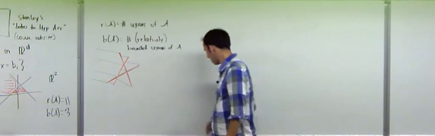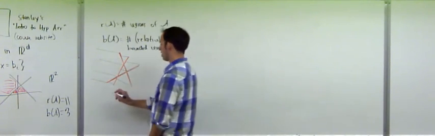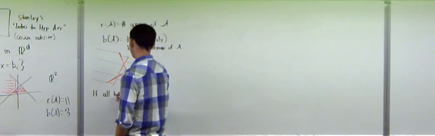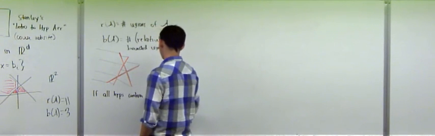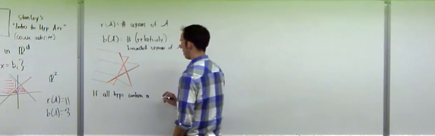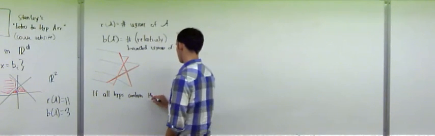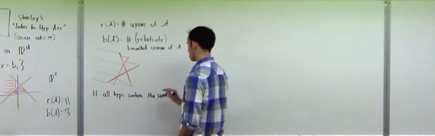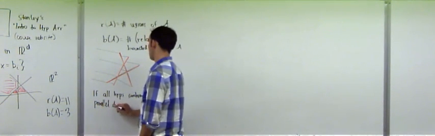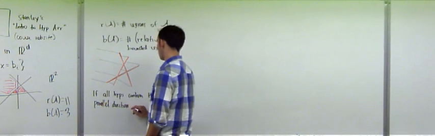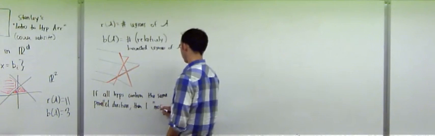And so the point is that if all my hyperplanes contain the same parallel direction, then I want to mod out by that direction.